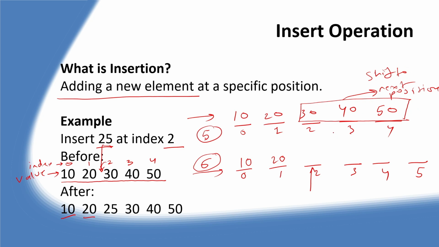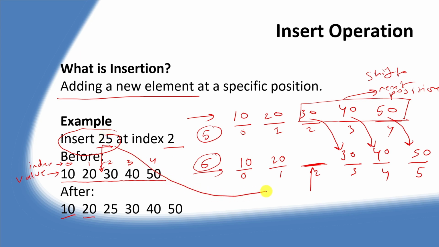So 30 will come at 3, 40 will come at 4, 50 will come at 5. So we have shifted 30, 40 and 50 to the next position, so that index 2 will be empty, so that we can insert 25 here, at index 2.